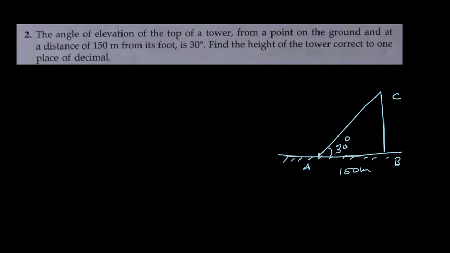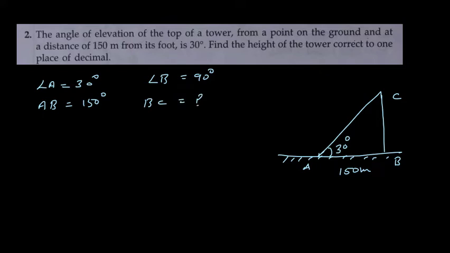Find the height of tower. So BC we have to find out. Find the height of tower corrected to one place of decimal. So angle A, here it is given 30 degree. AB is given 150 meter. Angle B, yes, it is 90 degree obviously, and this BC is a question mark that we have to find out.